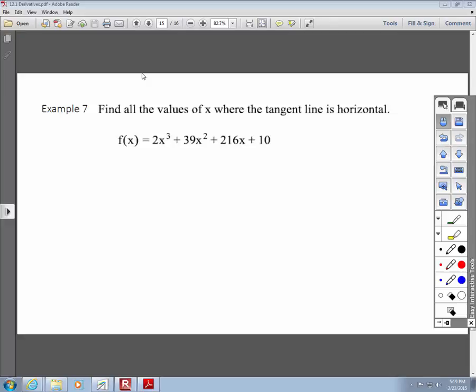Negative 6 times negative 6 gives 36, but that's negative 12. 4 times 9 gives 36, and 4 plus 9 gives 13. That works. Negative 4 and negative 9 give negative 13, which doesn't work. So my factors are 4 and 9.